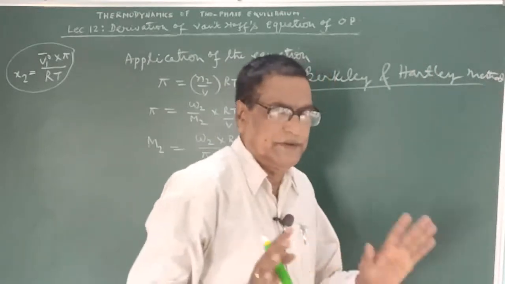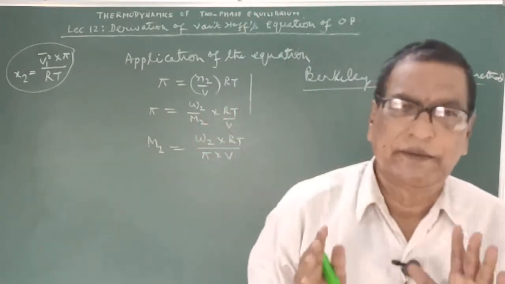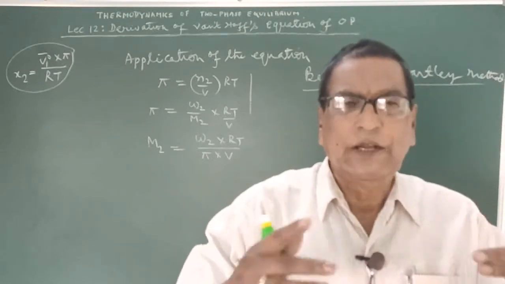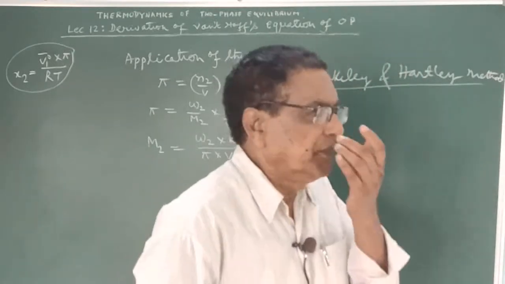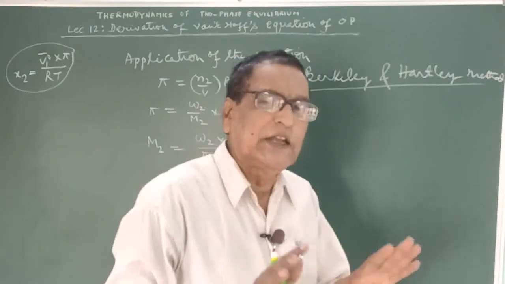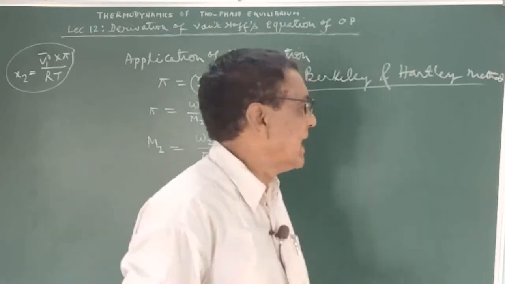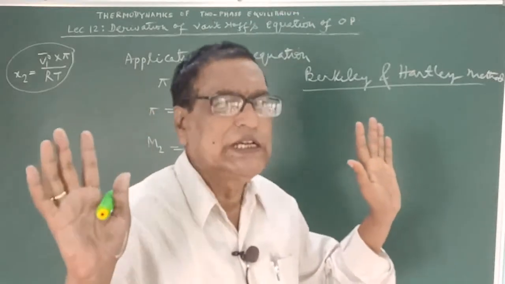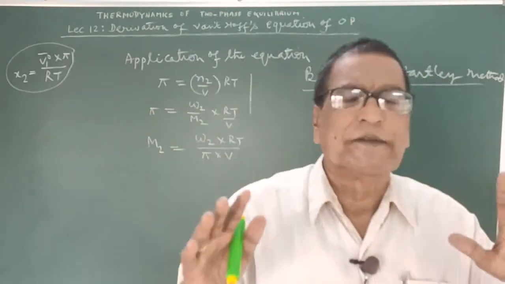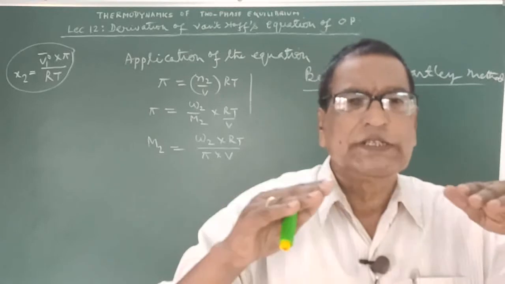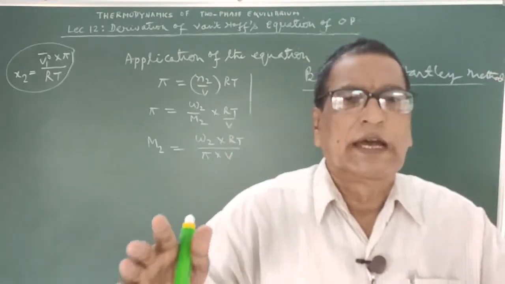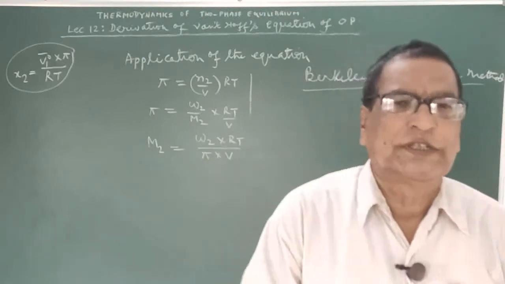This method is very simple and very quick, and there is no chance of diluting the solution. It means additional pressure equal to the osmotic pressure is added on the solution side in order to check the osmosis. So from the very start, the osmosis or the flow of the solvent is checked, and so there is no question of dilution of the solution.